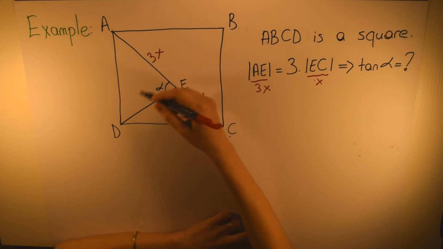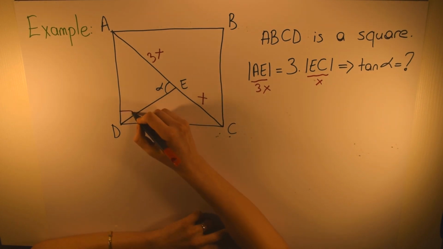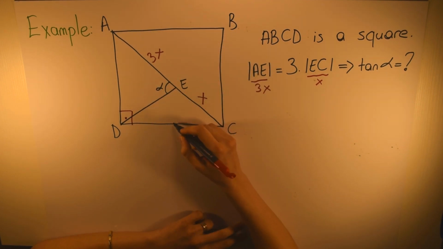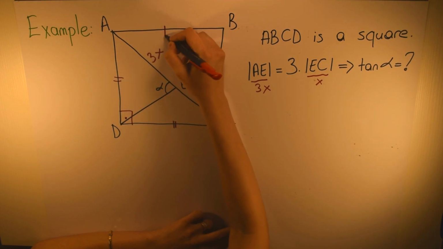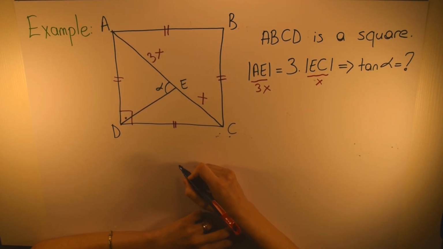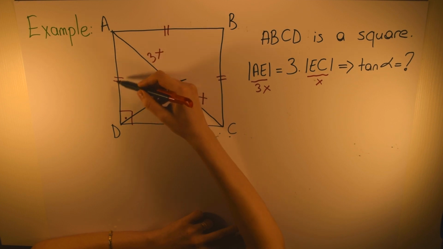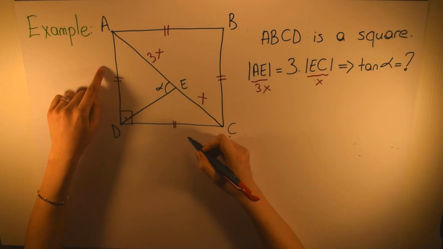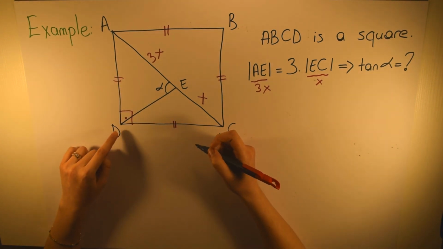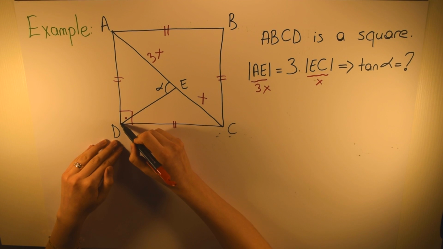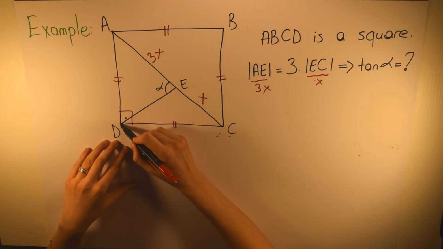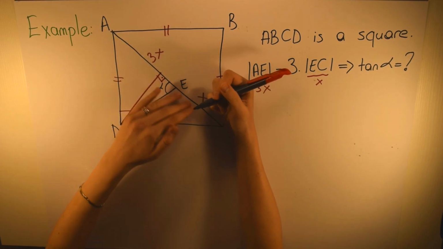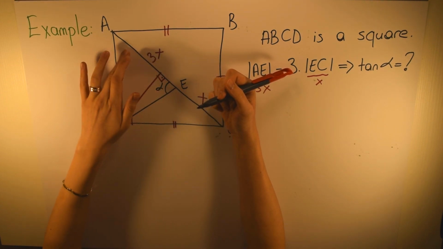Since this is a square, all angles are equal to 90 degrees, and all these lengths are equal to each other. So we have 90 degrees here and these lengths which are equal to each other. So this is an isosceles triangle, and if I draw a median from here, at 90 degrees, this will split the opposite side into 2 equal parts.